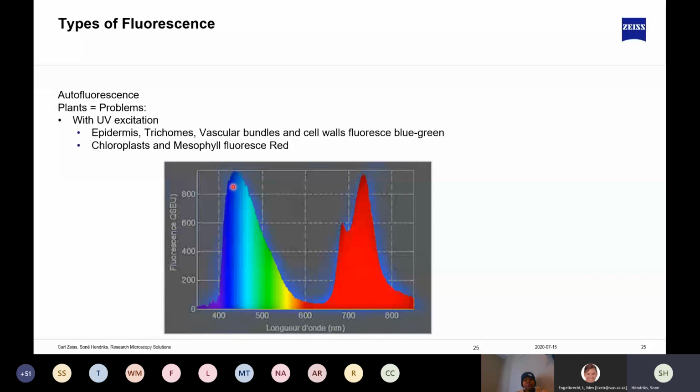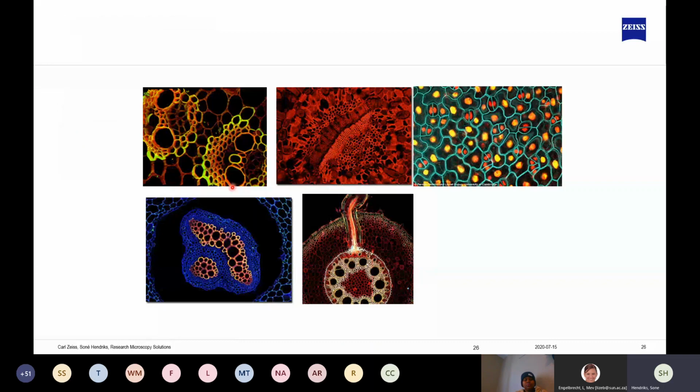These are just some examples of autofluorescence, but some of these examples also use dyes of interest. I think in this example, they also use YFP to study.